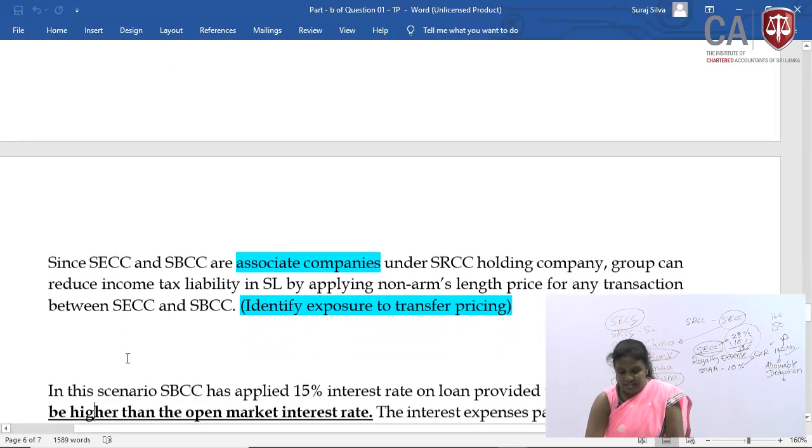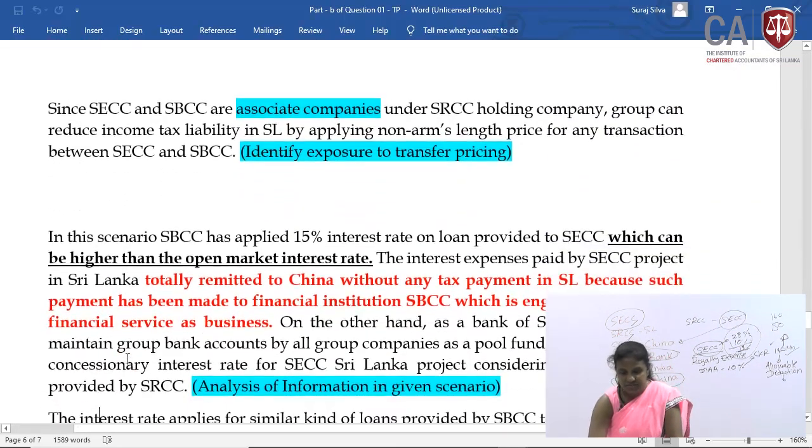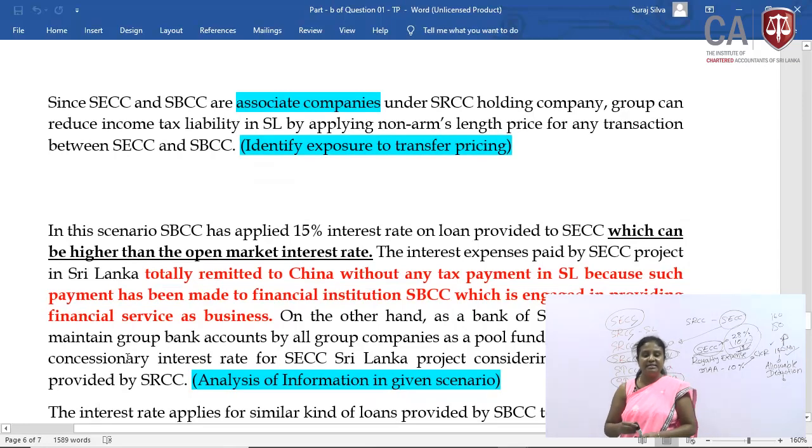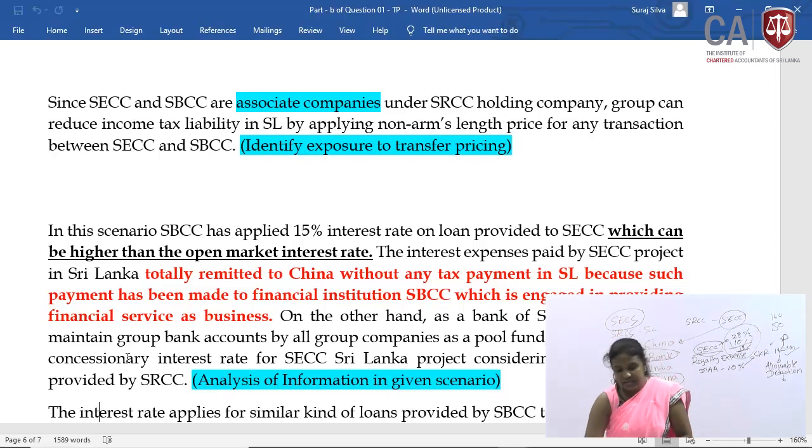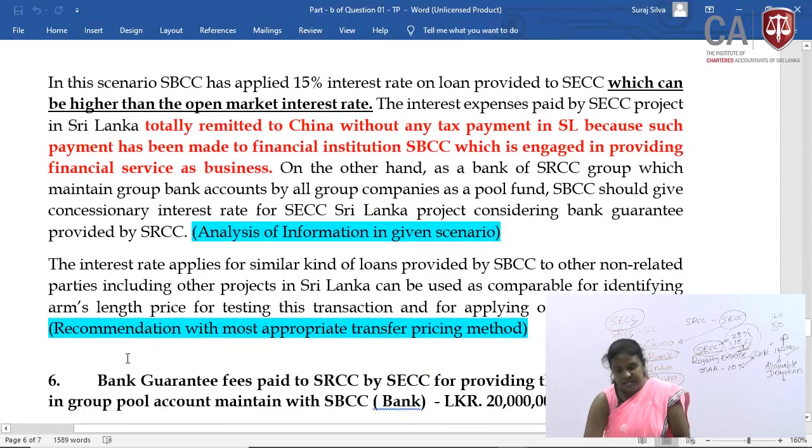See that the exposure to transfer pricing risk, since SCCC and SBCC are associated companies and SRCC holding company, group can reduce income tax liability in Sri Lanka by applying non-arm's length price. It is essential part you to identify. Then next para, analysis of the given scenario.